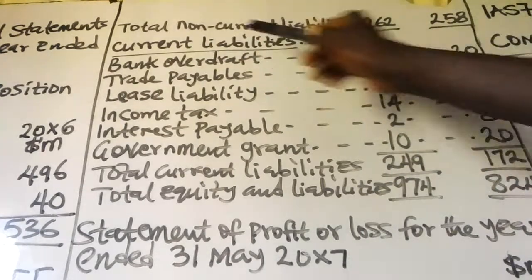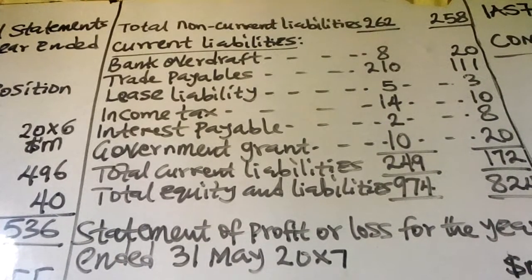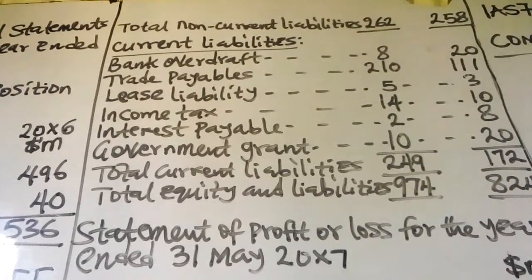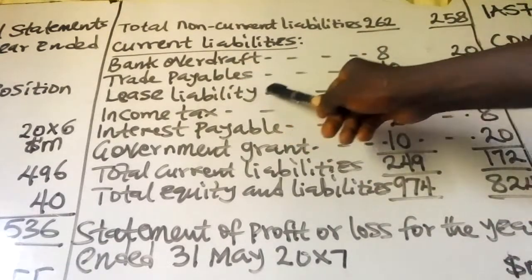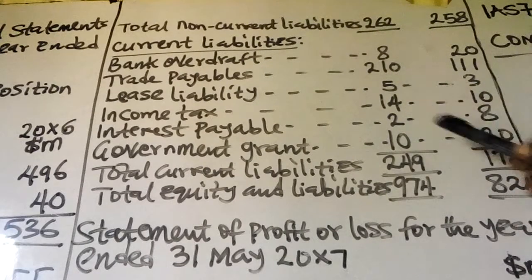Then we have current liabilities, which include bank overdraft 8 and 20 for 20x7 and 20x6 respectively. Trade payables 210 for 20x7 and 111 for 20x6. Lease liabilities 5 for 20x7 and 3 for 20x6. Income tax 20x7 we have 14 and 10 for 20x6.